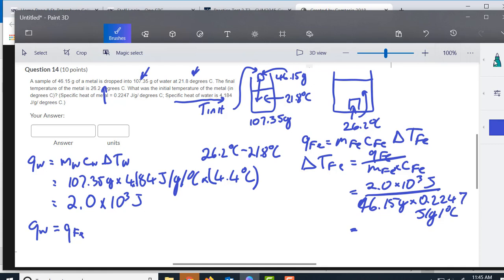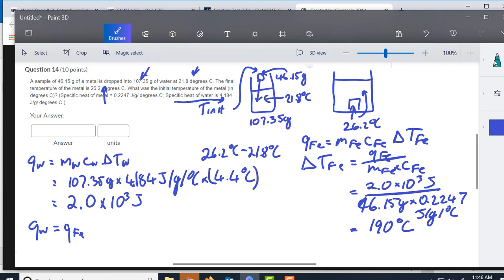Now this comes out to be 190 degrees once we adjust for significant figures, which is going to have to be 2. So then we can figure out what the initial temperature of the iron was.